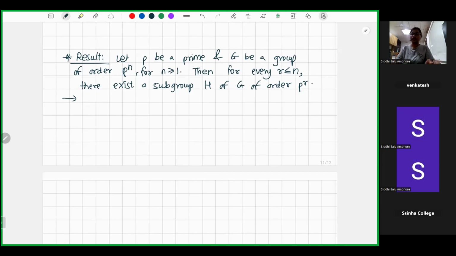So using this theorem, we have a direct application, along with this.